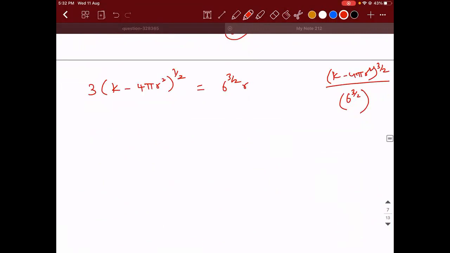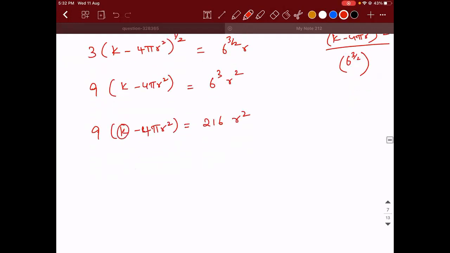Now squaring on both the sides, what will you get? 9 into (k minus 4 pi r square) is equal to 6 cube into r square. 9 into (k minus 4 pi r square) is equal to 6 cube, which is 216, times r square. What is the value of k?